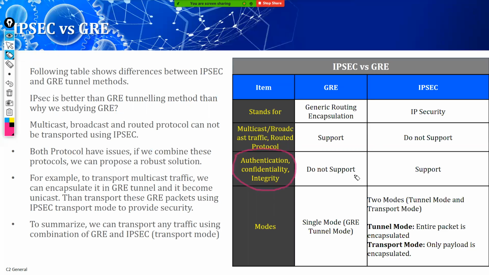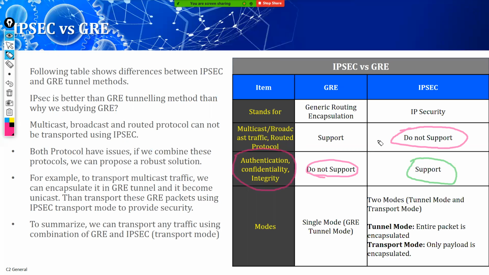Basically, there is no security. That is the problem. To overcome this, IPSEC does support all those things. But IPSEC has its own issues. Multicast traffic, broadcast traffic, and routed traffic are not supported by IPSEC. So that is the problem.